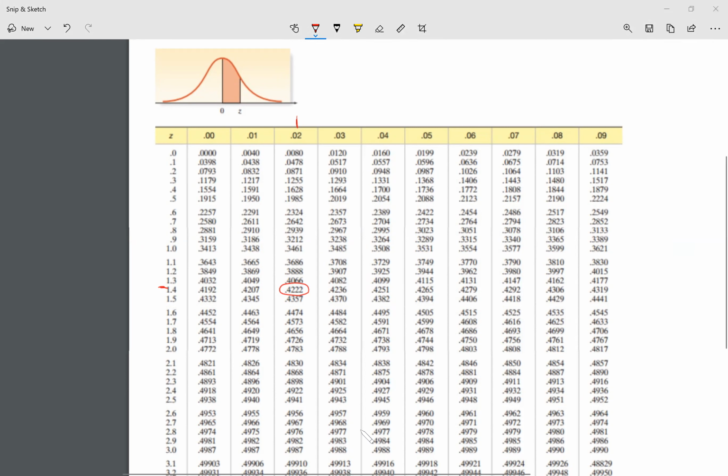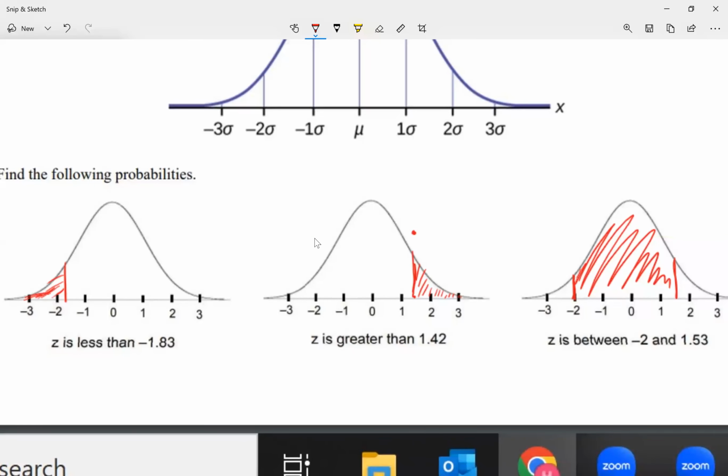Let me come back to my work here. Remember how it told me 0.4222? But that was, let me do that in blue, that was this.